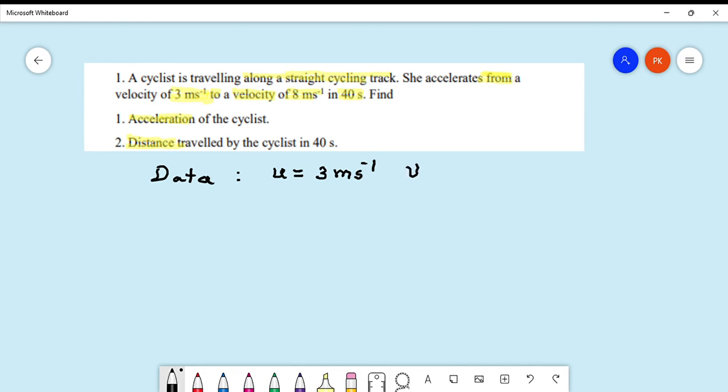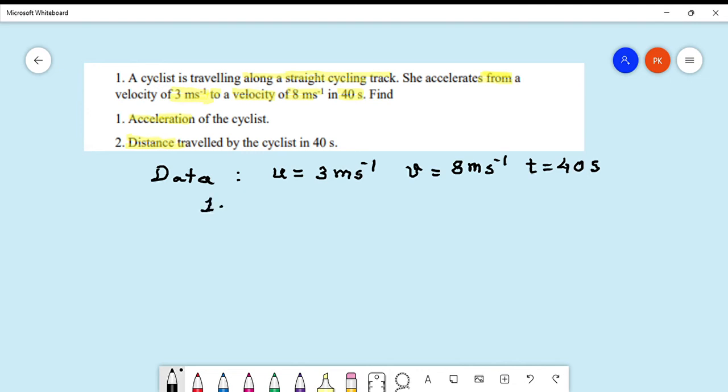Final velocity. So V is equal to 8 meters per second. And what is the time for which the cyclist is traveling? It is 40 seconds.